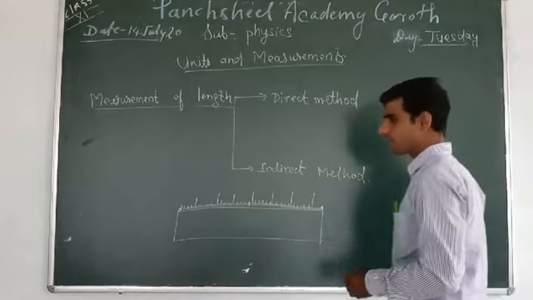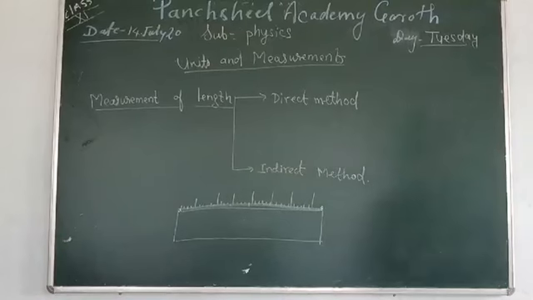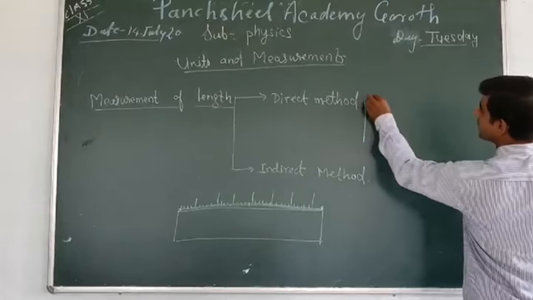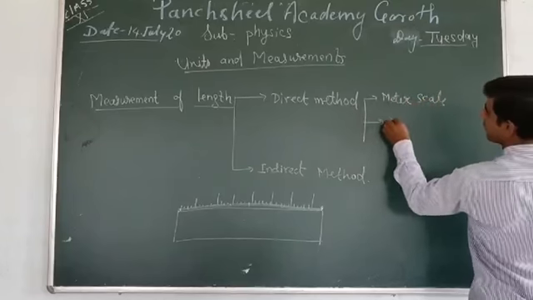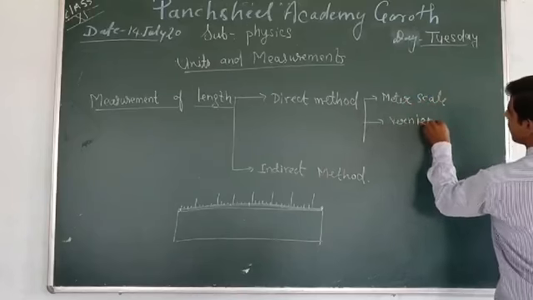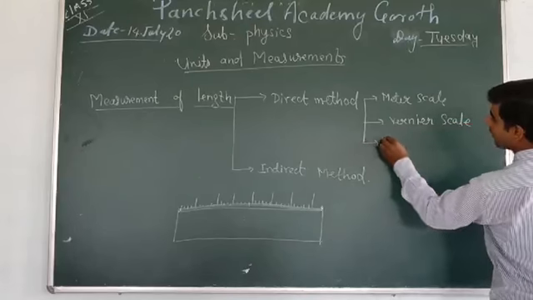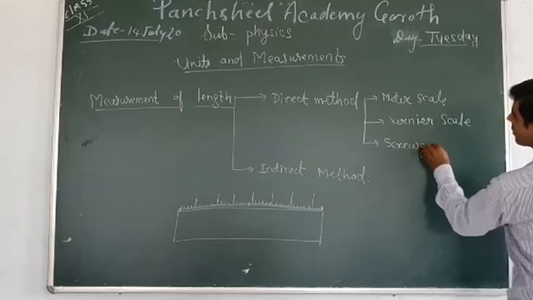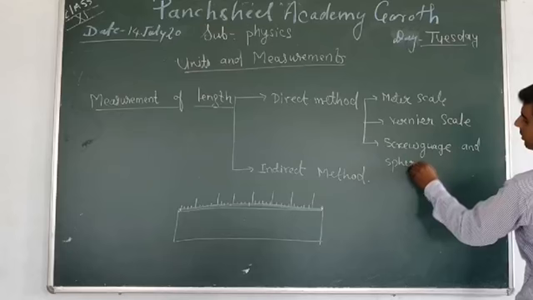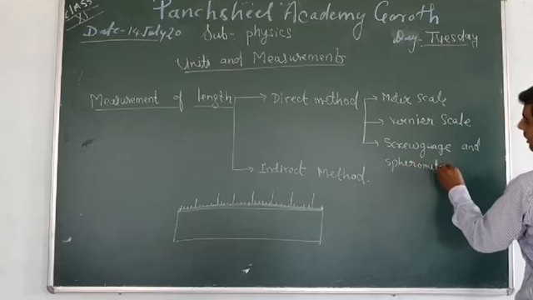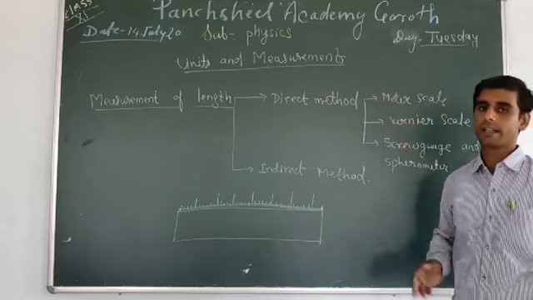There are some applications. In the direct method, the first technique is the meter scale, second is the vernier scale or vernier caliper, third is the screw gauge, and spherometer. These are the techniques used in the direct method.